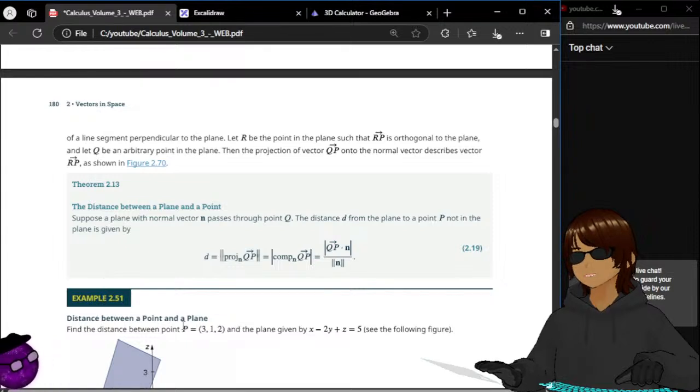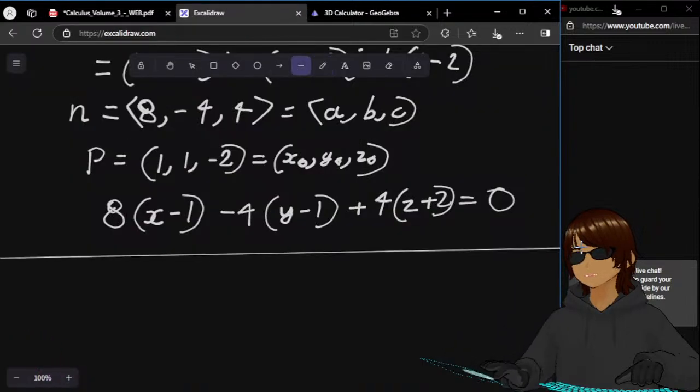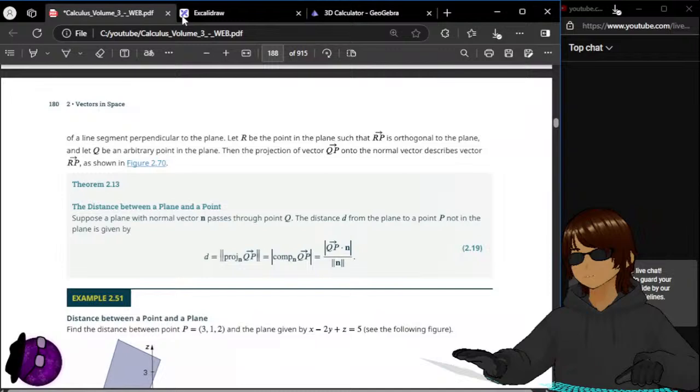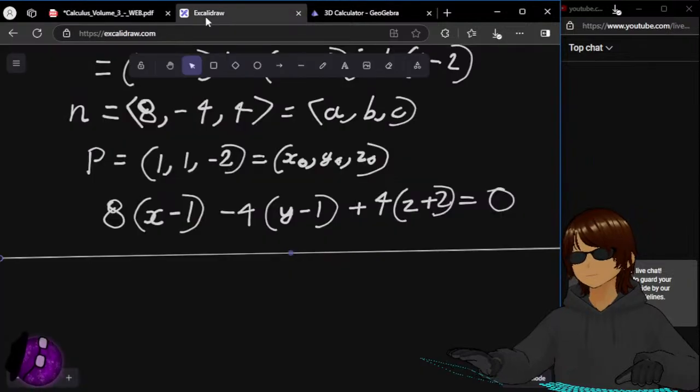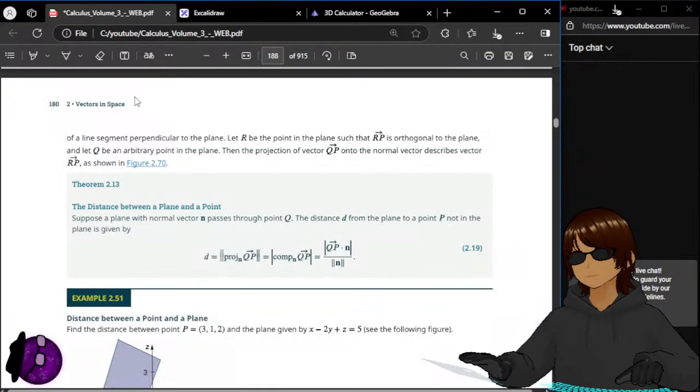Find the distance between P and the plane x minus. Wait, hold on. Let me do this. And then 2.51. So P is 3, 1, 2.